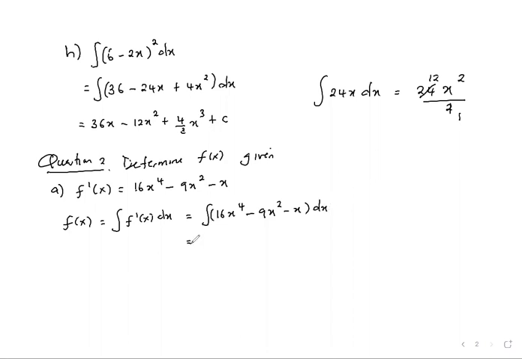So how do we integrate 16x^4? You're adding a 1 to the power, so we'll have 16x to the power 5 and then divide by 5. Minus, you're adding a 1 to 2, so it becomes 3, and then 9x cubed over 3. 3 into 9 goes 3 times, so we'll have 3x to the power 3 minus x squared over 2 plus c.